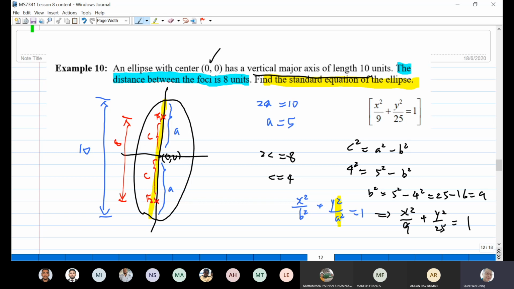Example 10 is finished already. So take note of how to draw the diagram, because this is a vertical ellipse now. A is on the vertical side, the y side. And this example shows you how the distance between the two foci is C, then how to use C to find B. Okay, so this is example 10.